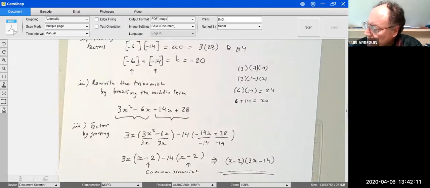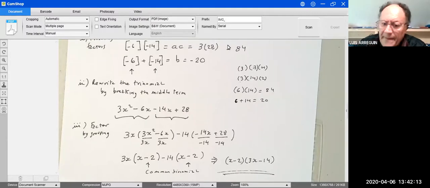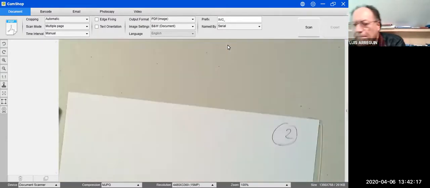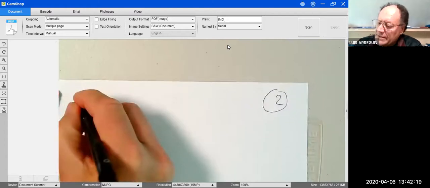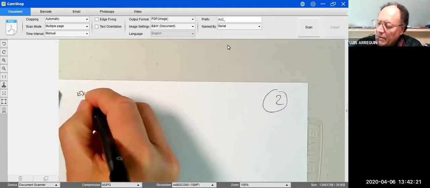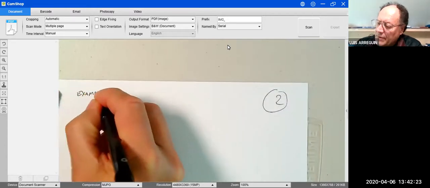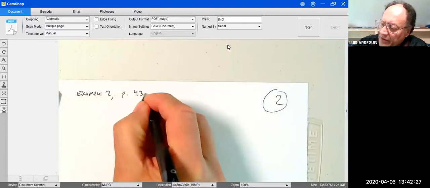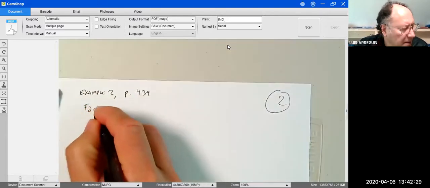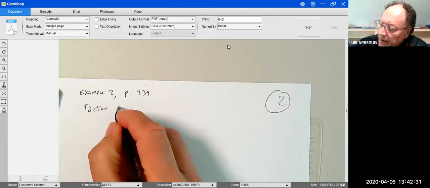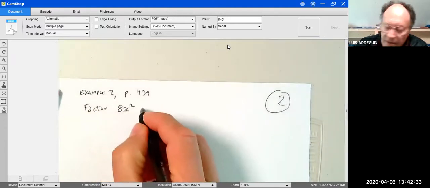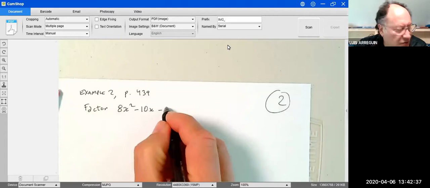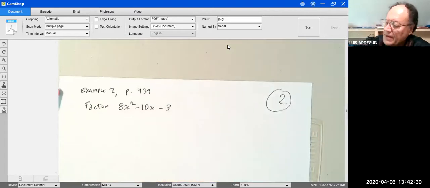So let's work on example 2, which is on page 439. I'm going to factor a x squared minus 10x minus 3.